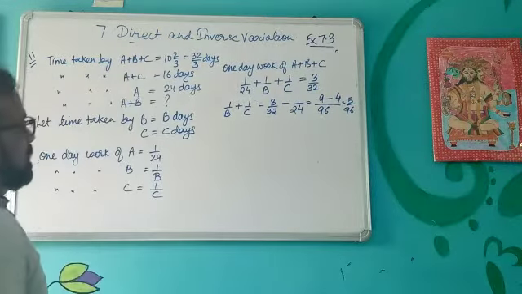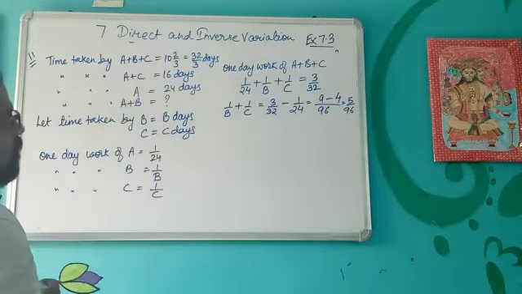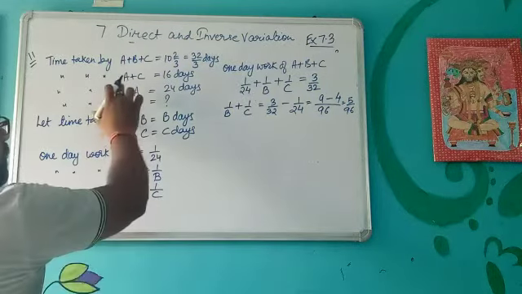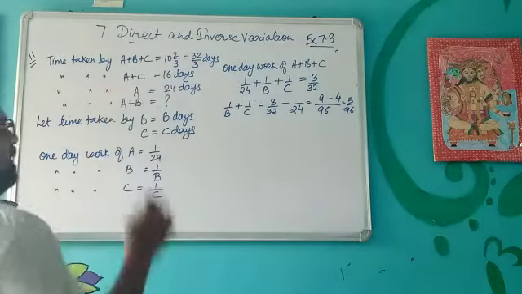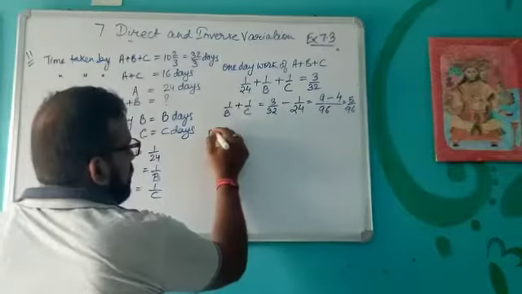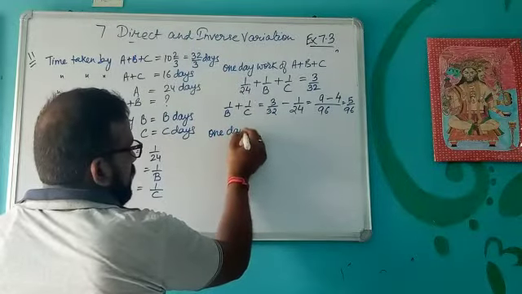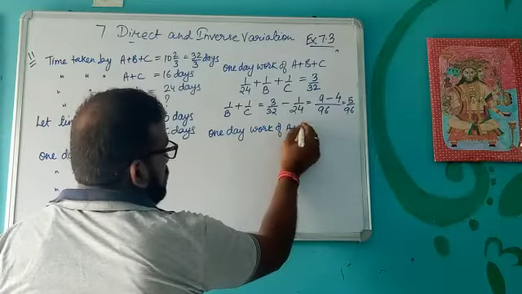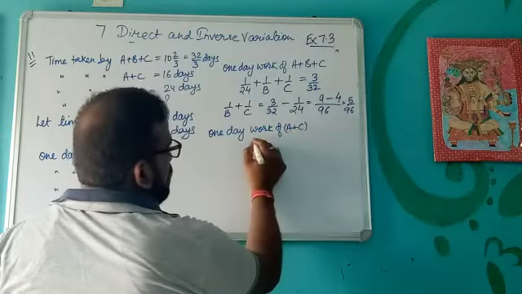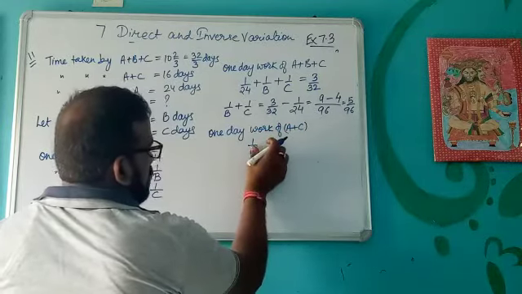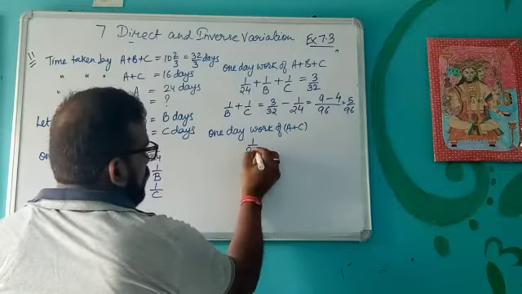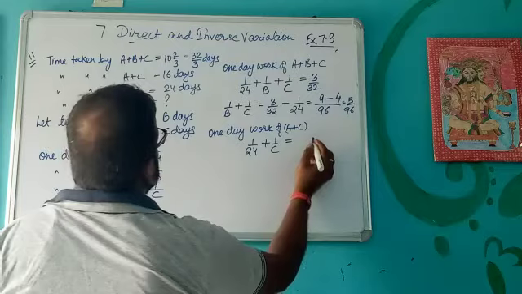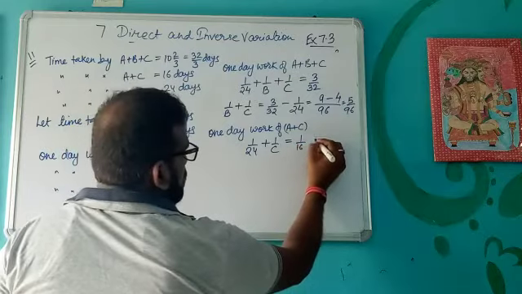Okay. Then what else is also given? One day work of A and C. So we will calculate one day work of A plus C. It will be how much? 1 upon 24 plus 1 upon C will be equal to 1 upon 16.